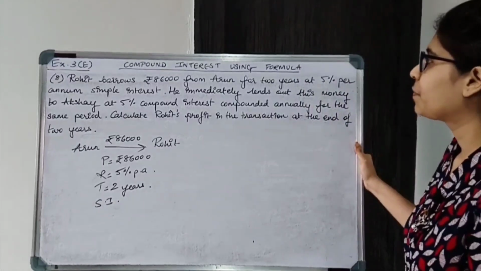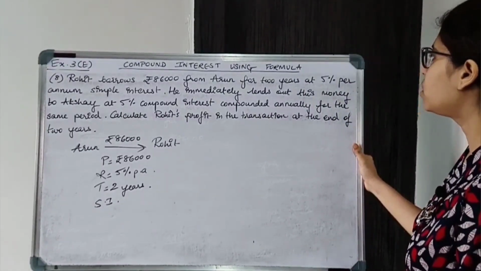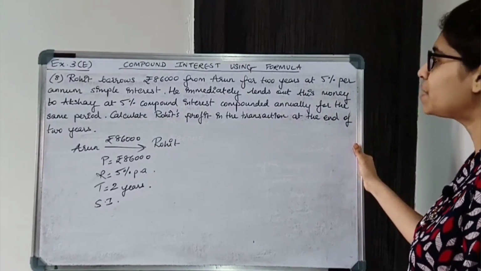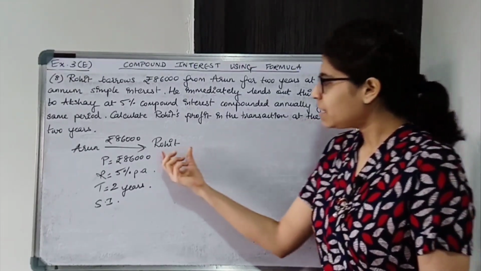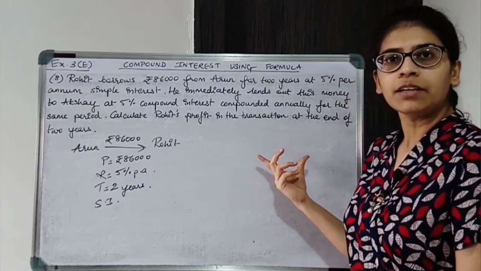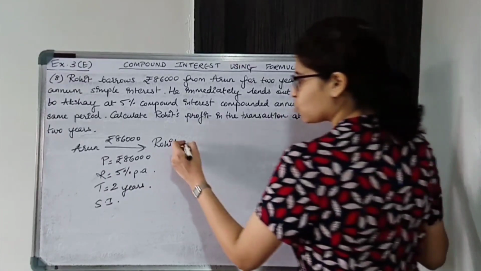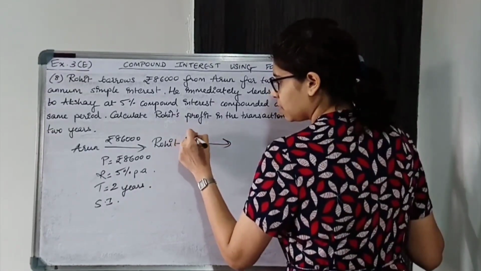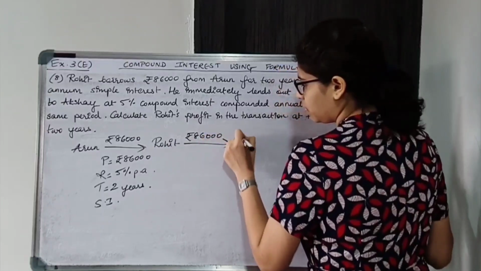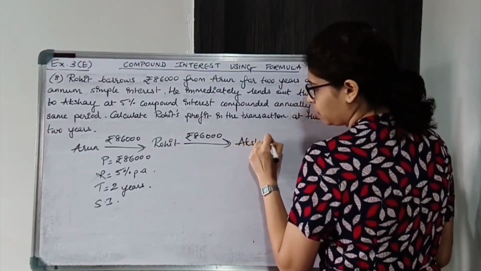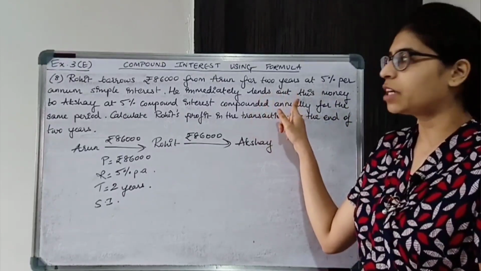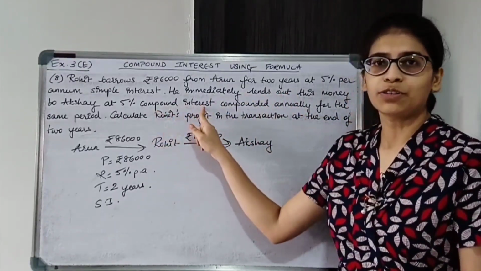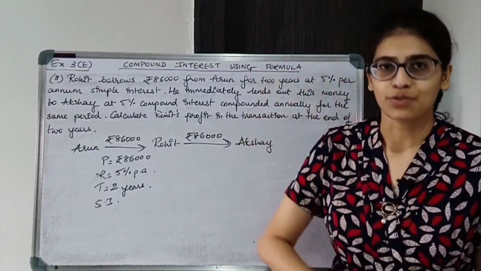Now he immediately lends out this money to Akshay at 5% compound interest compounded annually for the same period. He is giving the entire money to Akshay. So Rohit is giving 86,000 to Akshay. He is lending out the money at compound interest, not simple interest.